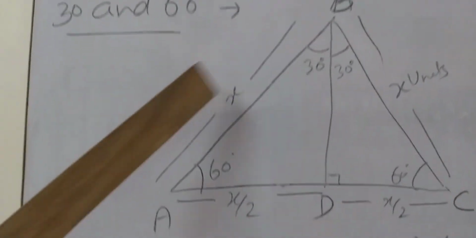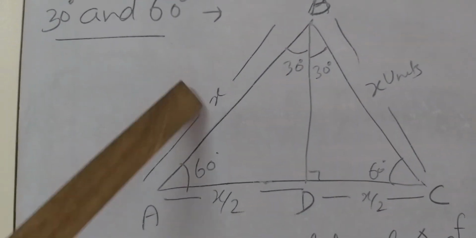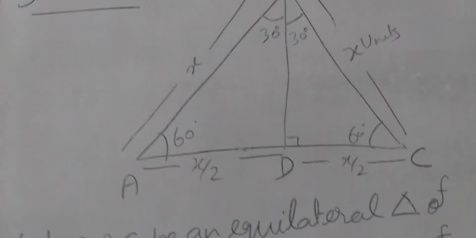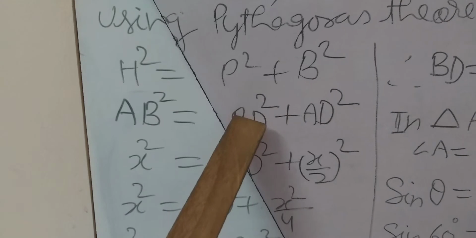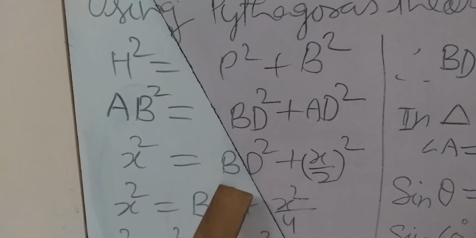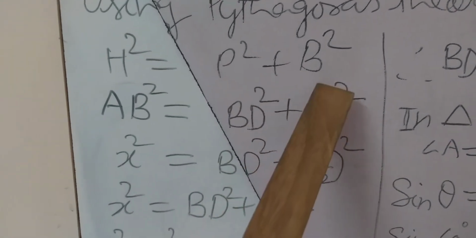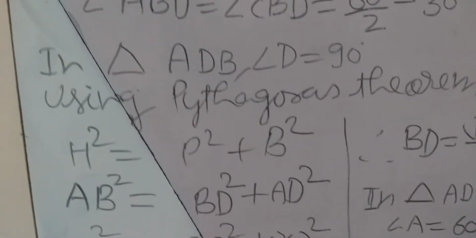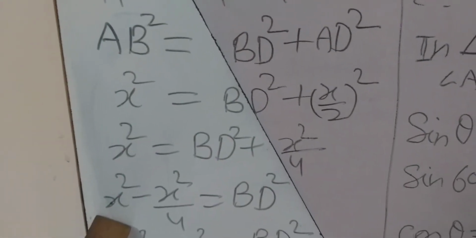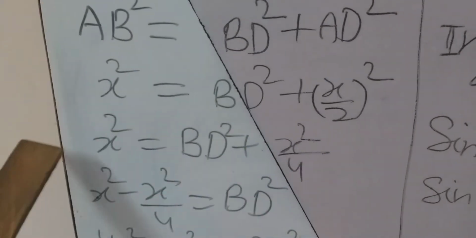Now we have to put values. AB is X, so X square. AD is X by 2. BD is not given to us, we have to find out BD. AD is X by 2, so squared. So now it is X square minus X square by 4.